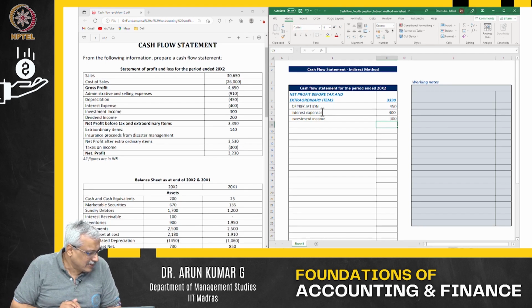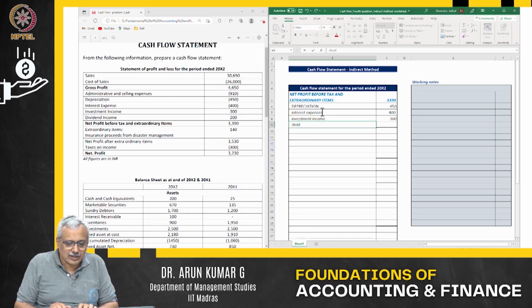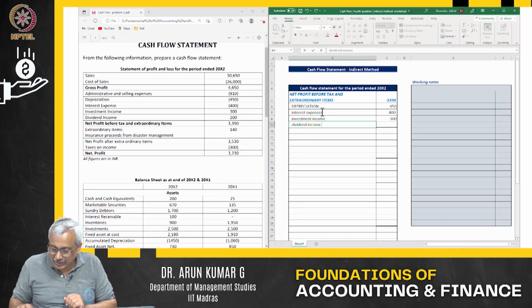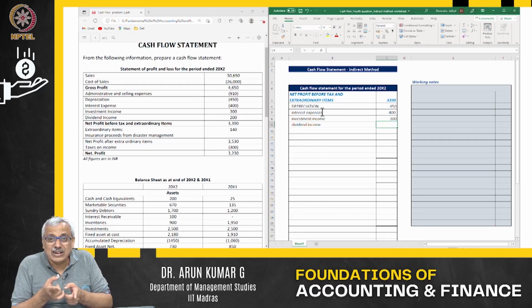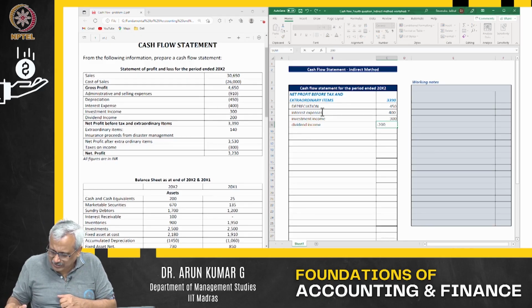Same is the case with dividend income. Dividend income will inflate your profit, but I am looking at operations. It is not part of the operations, so I am reducing that.